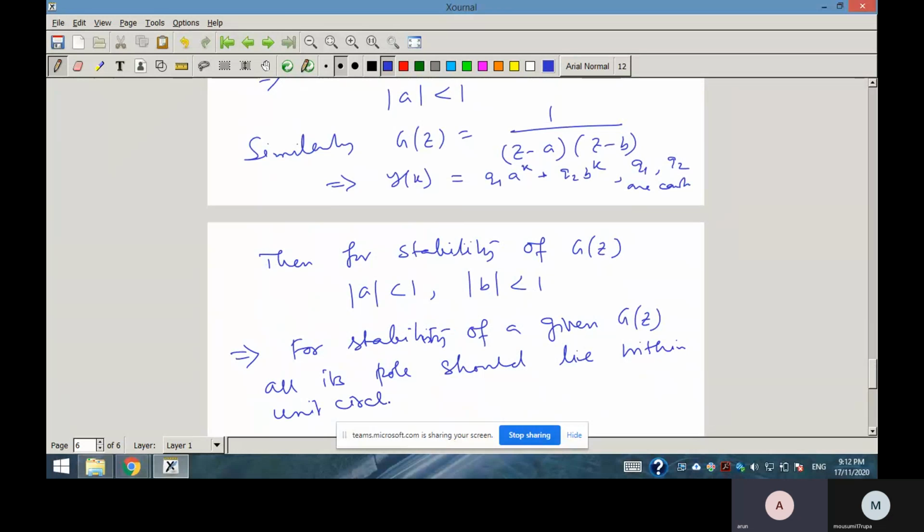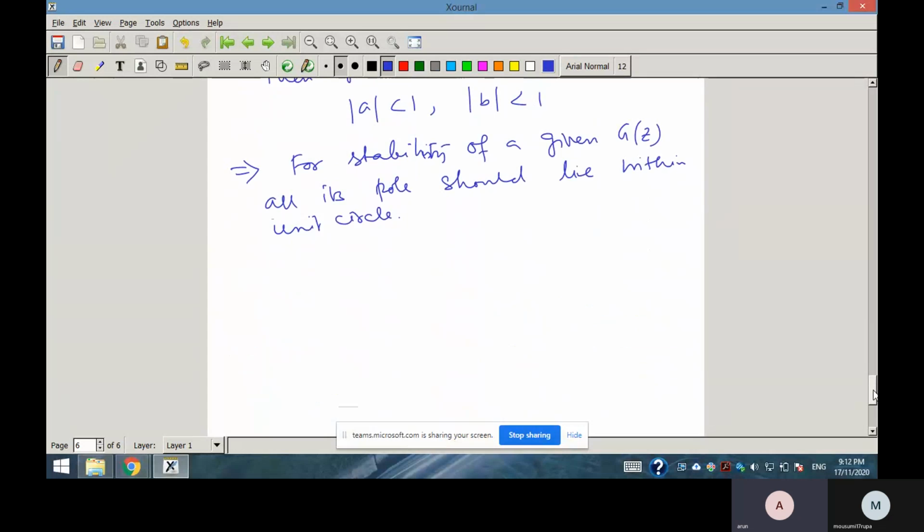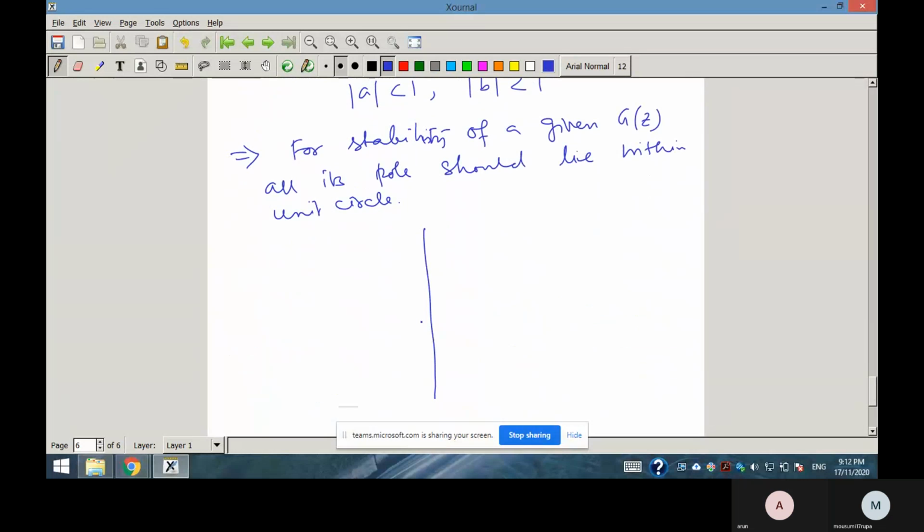This is a very important result. In case of a continuous time system, the left half of S plane is the stable region, and in case of a discrete time system, the interior of the unit circle is the stable region.